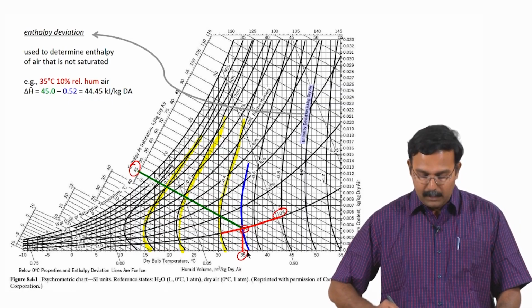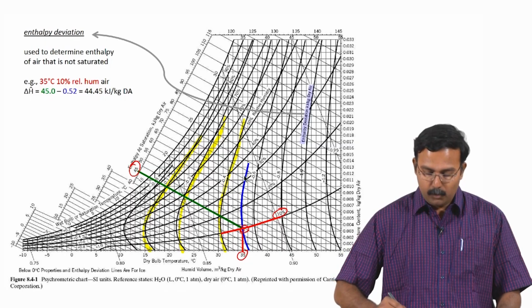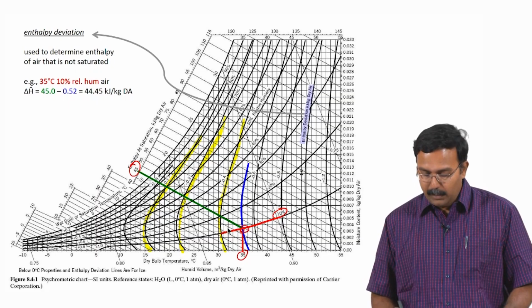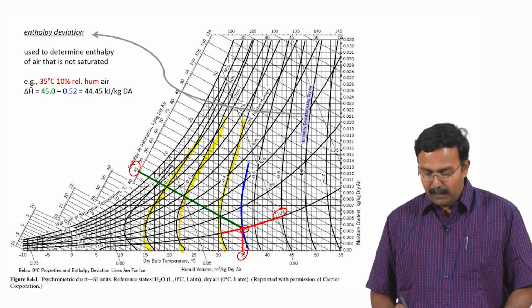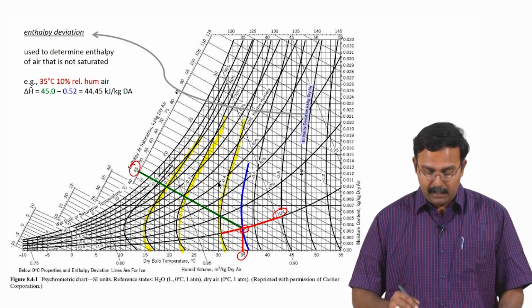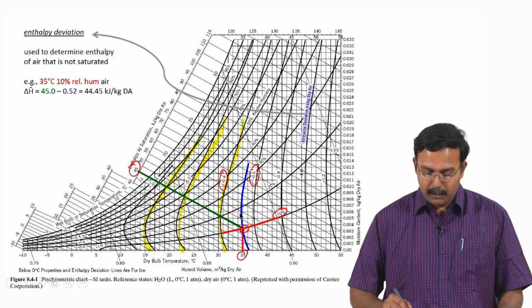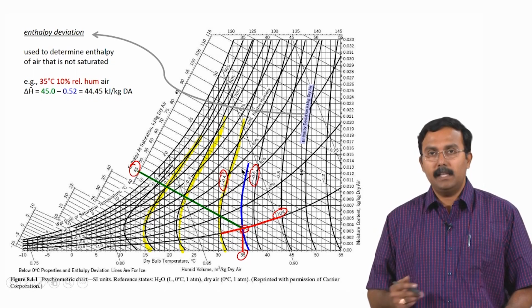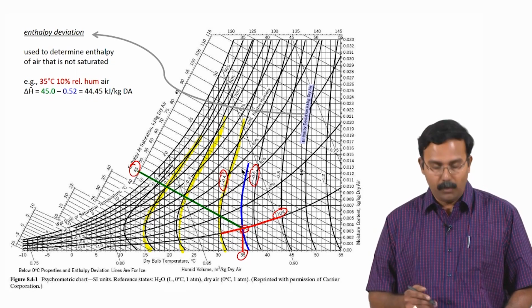So what you do is you draw a curve which fits between the curves that are given here. So the enthalpy deviation curve which is shown in blue is drawn here, and again we would interpolate between these points to identify what the value for this enthalpy deviation would be. Each of the curves has an enthalpy deviation value given. So this is minus 0.44 and this is minus 0.6. So using this curve we would be able to identify the enthalpy deviation that has to be accounted for.